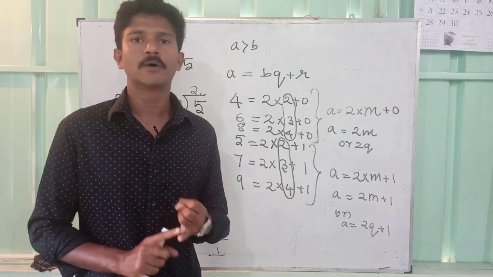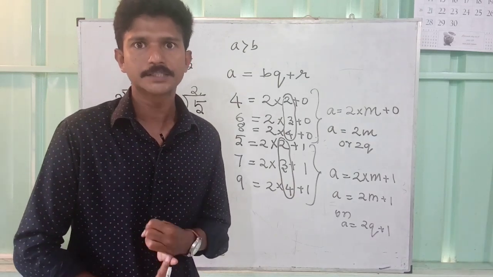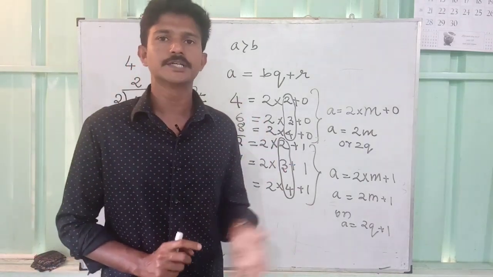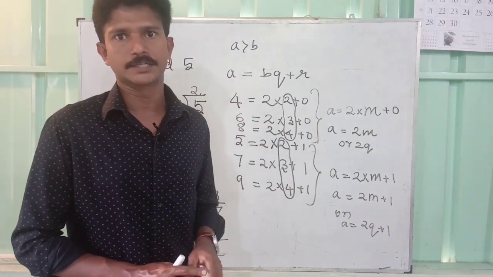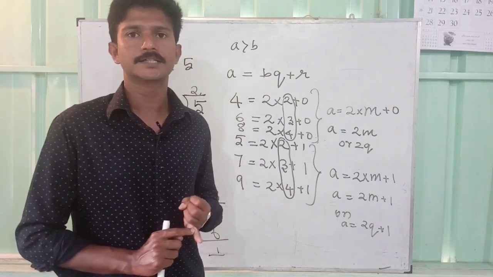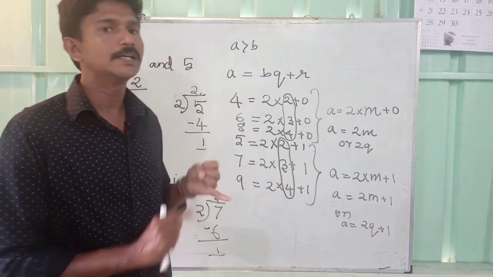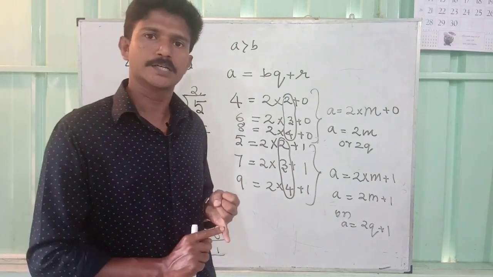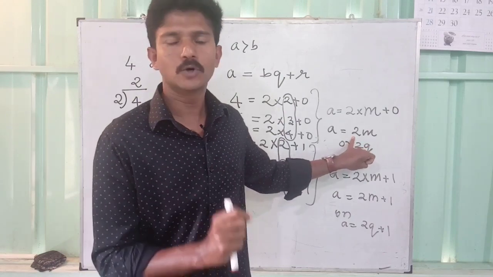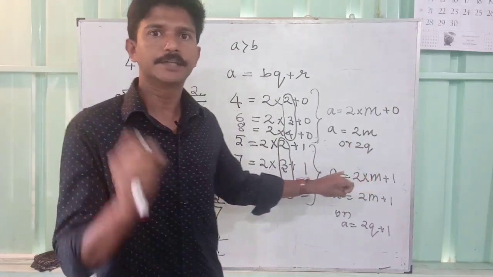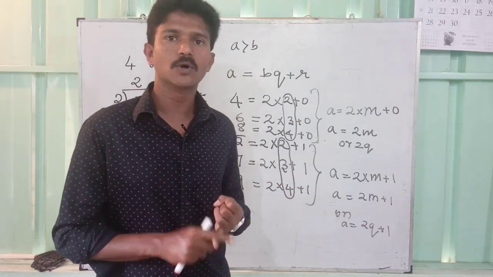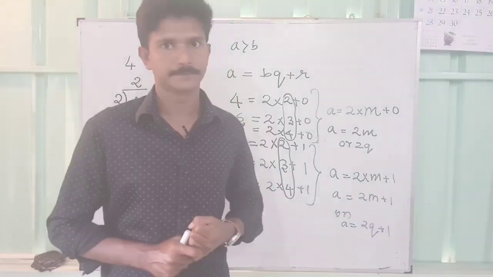So far what we have learned is that we can write positive integers in a sum format. We learned that we can write even positive integers in the form 2m or 2q, and we can write odd positive integers as 2m plus 1 or 2q plus 1.